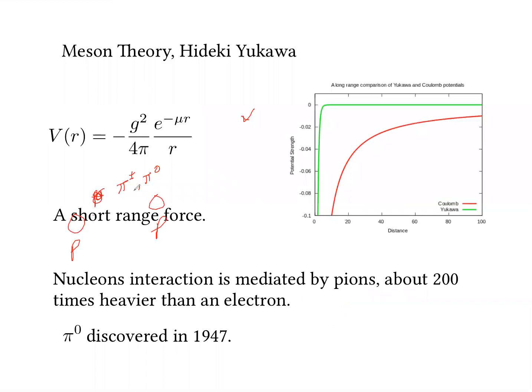So the nuclear interaction is mediated by pions, which are about 200 times heavier than the electrons. And pi 0 was discovered later. Pi plus and pi minus are basically particle and antiparticle, and pi 0.